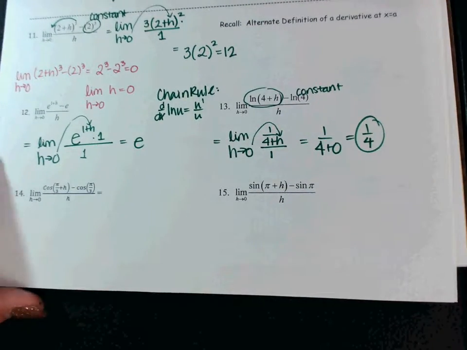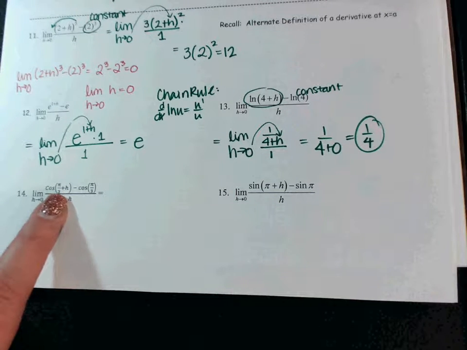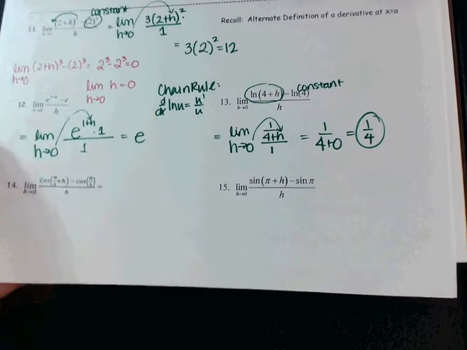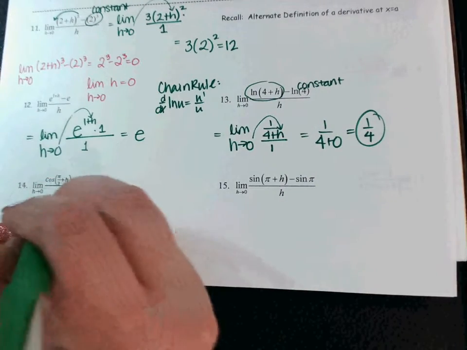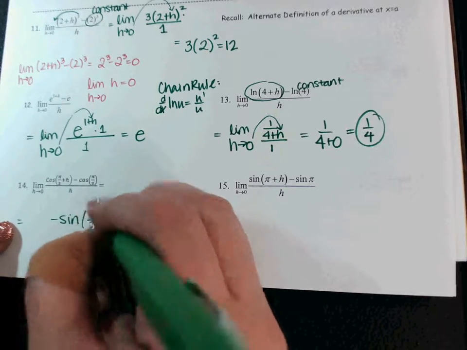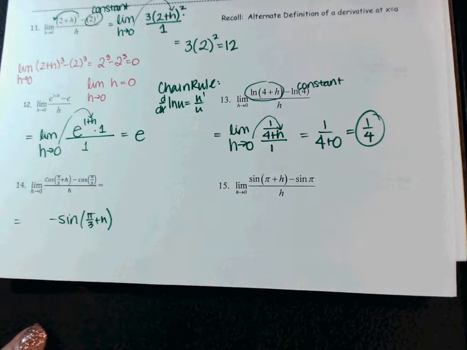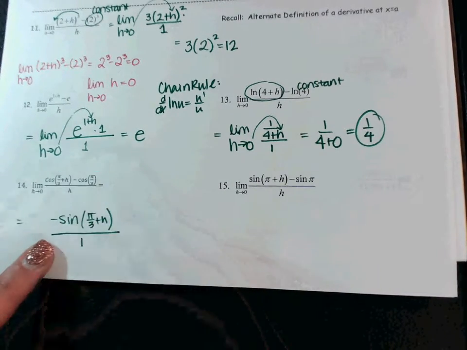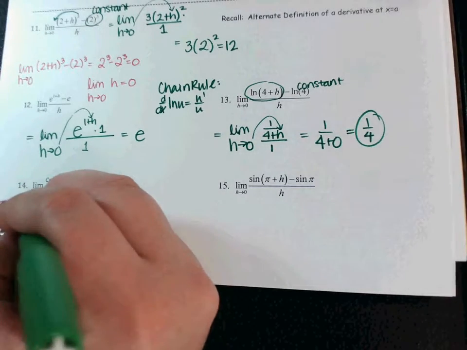Okay, look at your thing. What is the derivative of cosine? We're just going to assume it's 0 over 0 because it is. Okay, what would the derivative be? Negative sine of pi thirds plus h. And then by chain rule, the derivative of pi thirds plus h is just a 1. On bottom, what's the derivative of h? 1. Limit as h approaches 0.